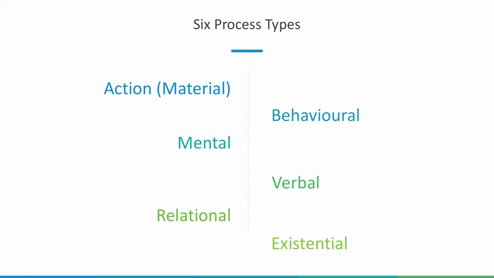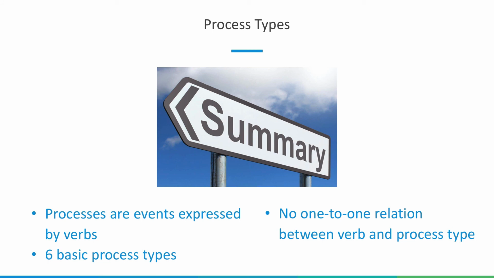But in summary, processes are events that are expressed by verbs. There are 6 process types, and this point is very important. There's no one-to-one relation between a verb and a process. Because as we have seen, the verb look can be either behavioral or relational.